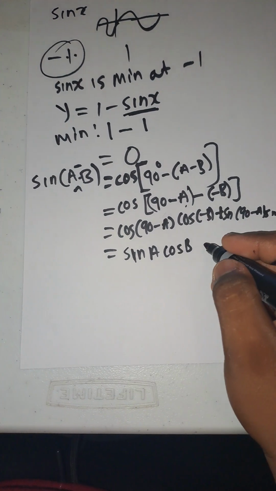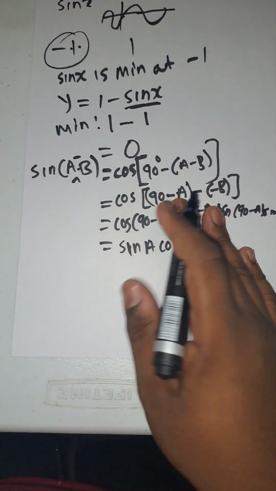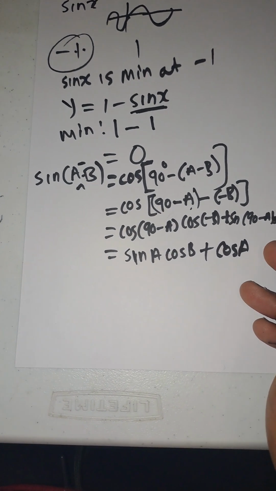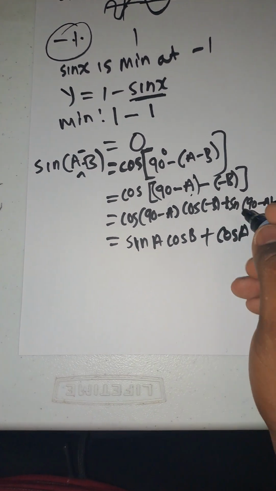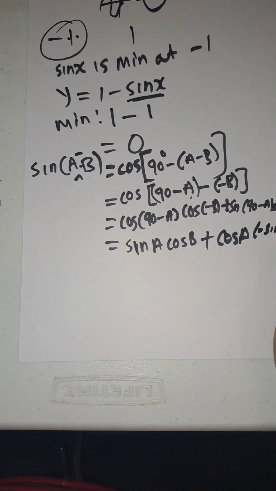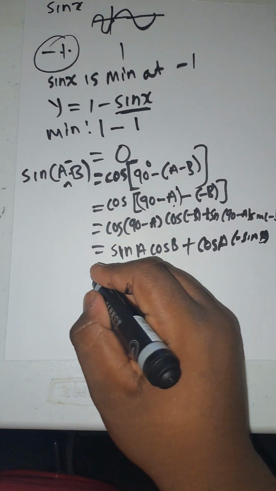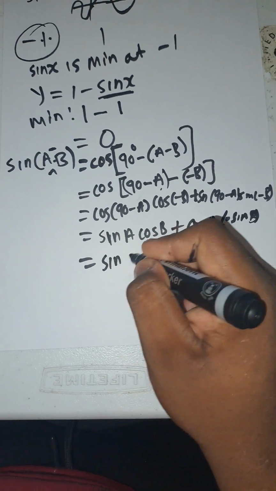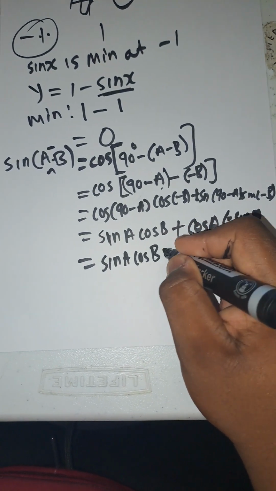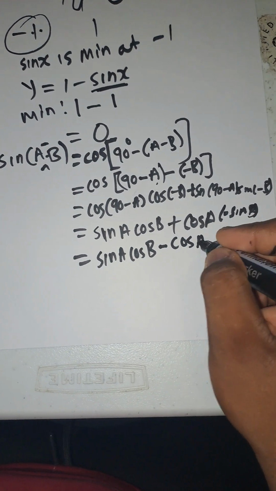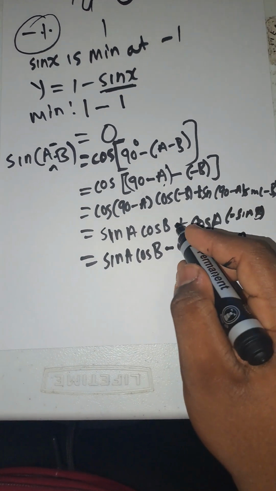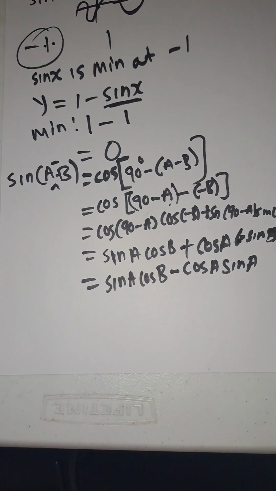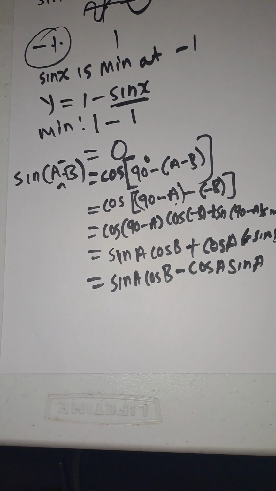And sine(90 minus a) is the same as cos a. And sine minus b is negative sine b. So let's just finish that one. It simply means this will be sine a cos b minus cos a sine b, because this one was positive and this one was negative, so I simply put the negative sign there. Okay, so that is all the proof.